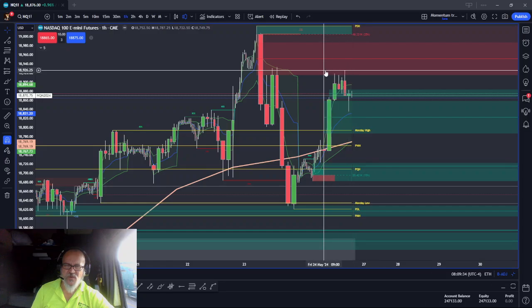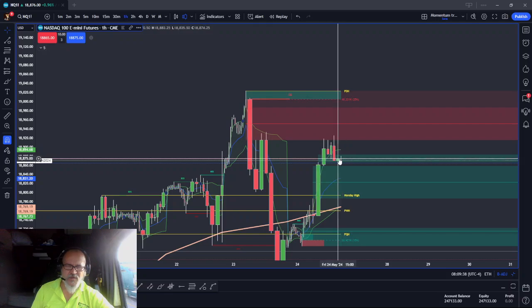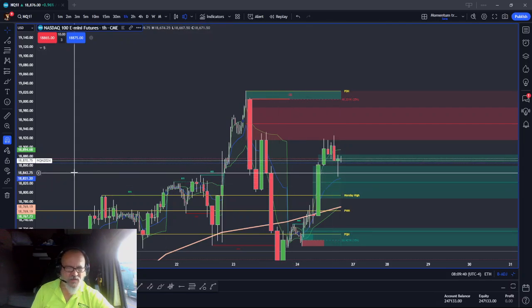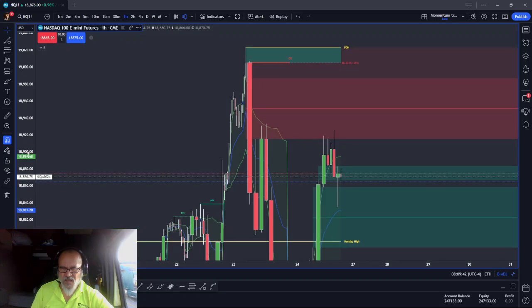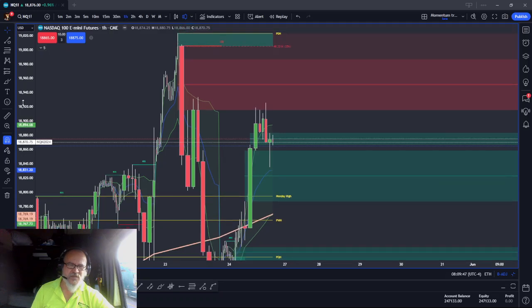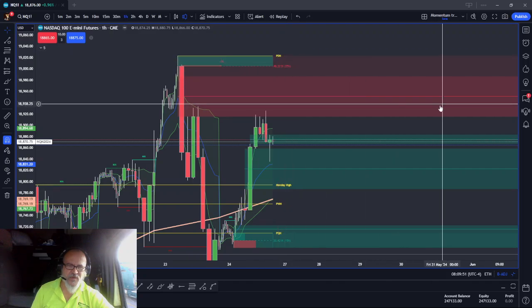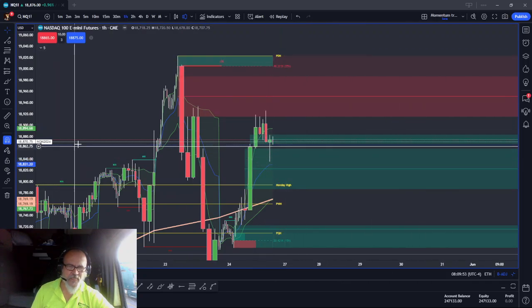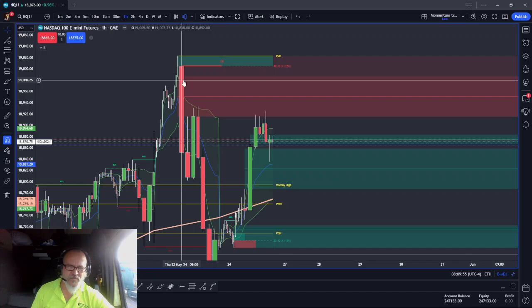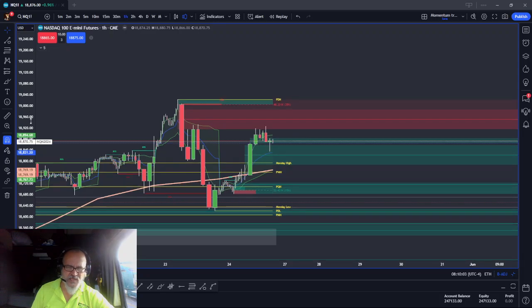I'd be looking for a fair value gap or something along those lines to get us into a trade long to go and take out this liquidity up here. That's pretty much what it's looking like to me.